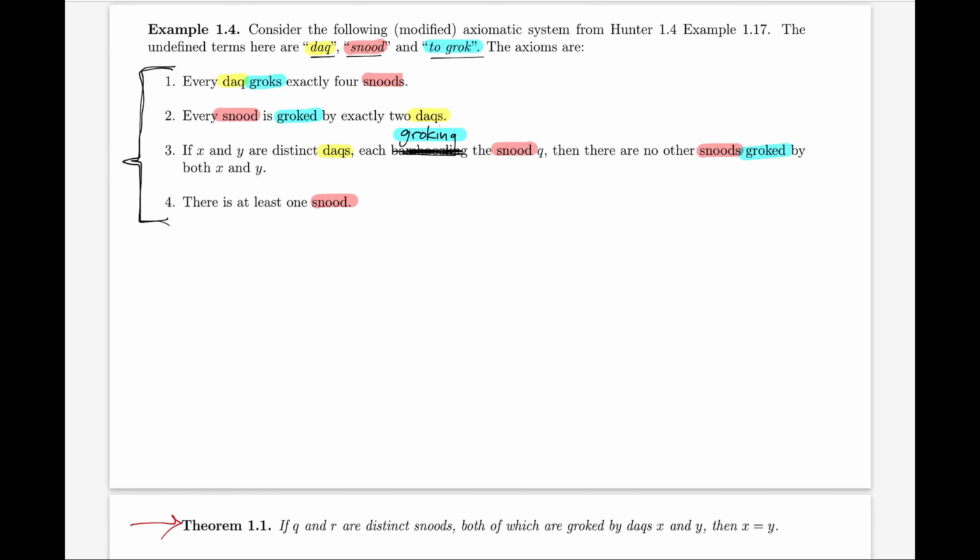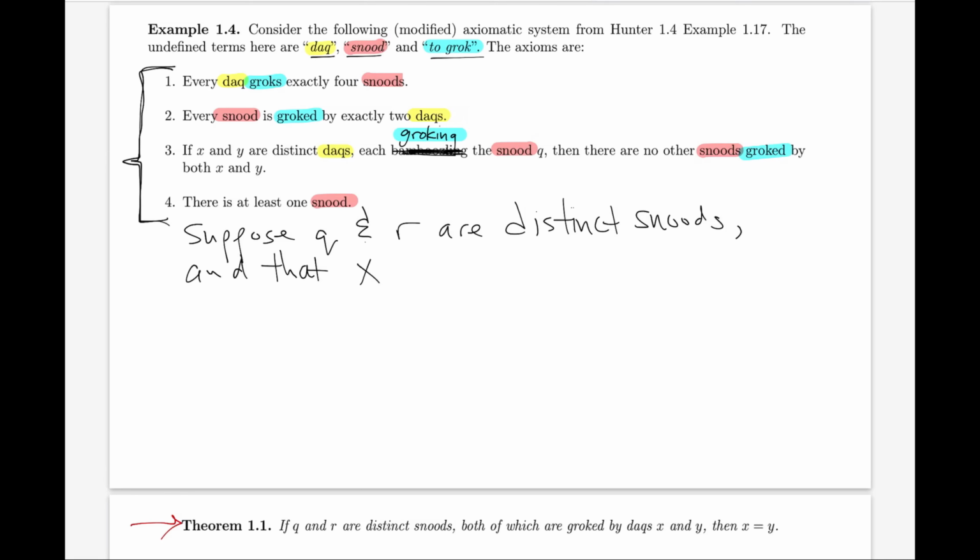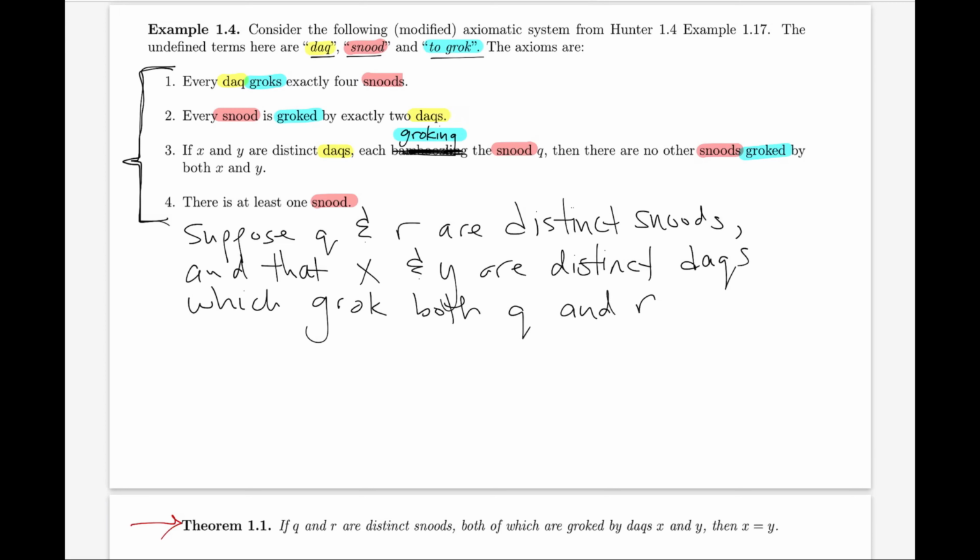Well, I'm going to go ahead and use a proof by contradiction. And to do that, I'm going to suppose that Q and R are distinct snoods, and that X and Y are distinct daks which grok both Q and R. So this is the thing that I am supposing.